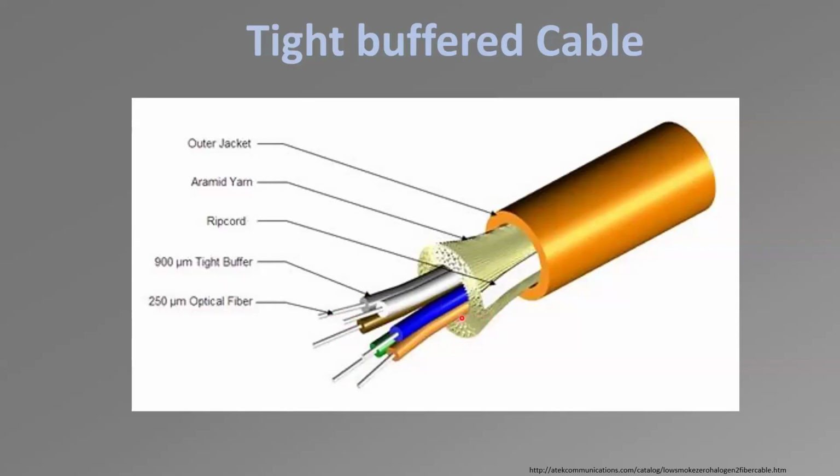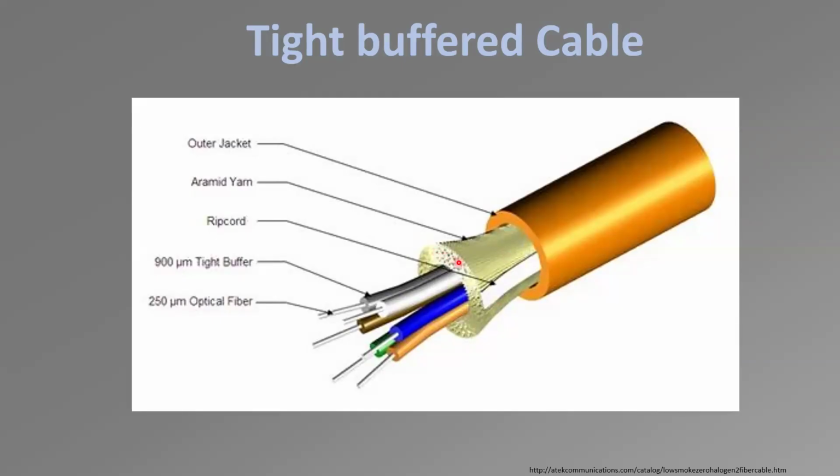So these are meant to be inside in a nicely controlled environment. They are meant to be flexible enough so they can be routed inside the building. Some of those are also used as patch cables, those fiber optic patch cables.